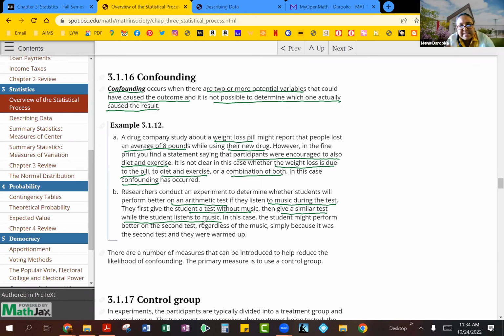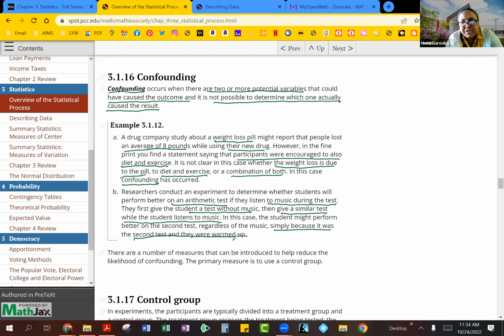So in this case, students might perform better on the second test, regardless of the music. And this could be because they've already taken the test once and they're more familiar with the test, right? So they've already taken it and they have warmed up to the test. So was it really with music or without music, or because they're doing it for a second time?